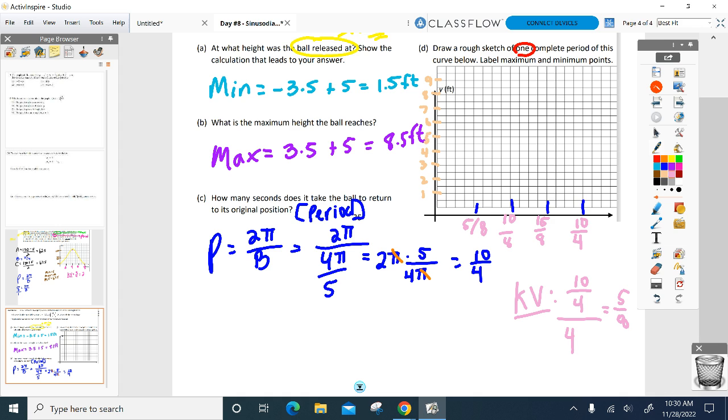Your calculator might give you 5/4 here? That's fine too. It's the same thing. Just keep adding whatever the key value is every time.